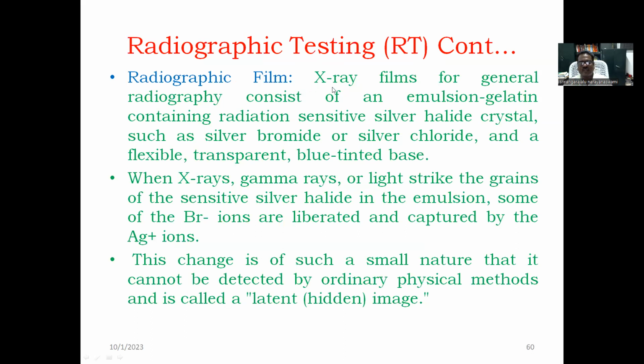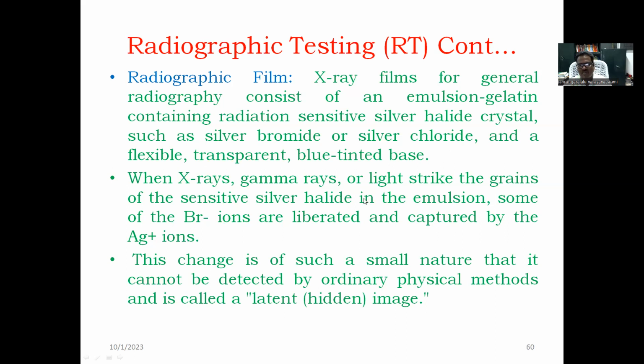Radiographic film, X-ray film for general radiography, consists of an emulsion gelatin containing radiation-sensitive silver halide crystals such as silver bromide or silver chloride, and a flexible transparent blue-tinted base.